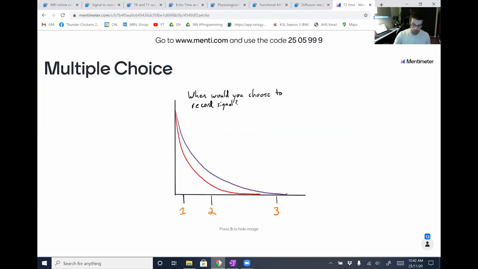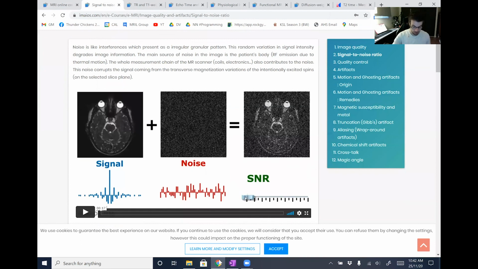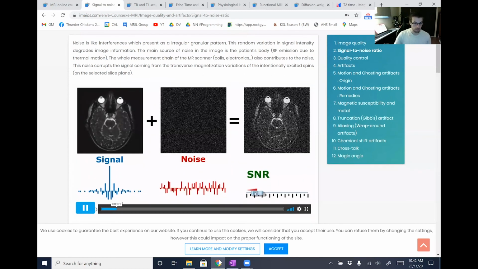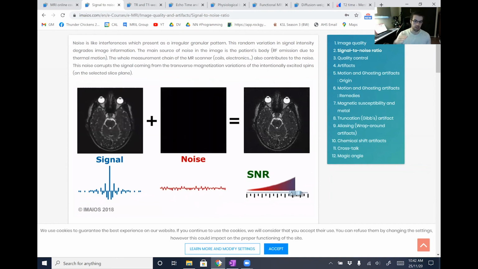So I've got a handy animation here. In this version of the page, they have the same signal, the same brain, but they vary the amount of noise. And I guess we can just visualize the result here. You can see as we're progressing, the noise is decreasing and the resulting image is clearer, right?